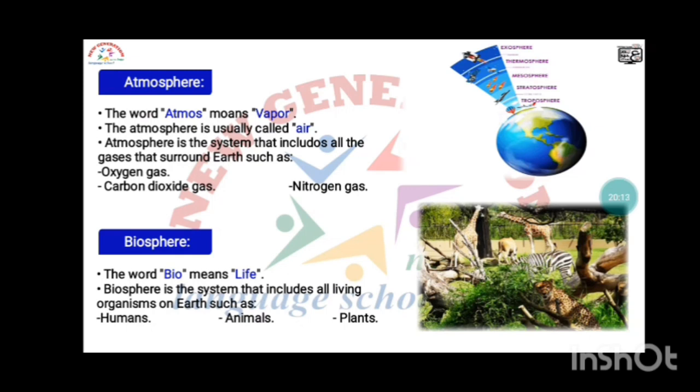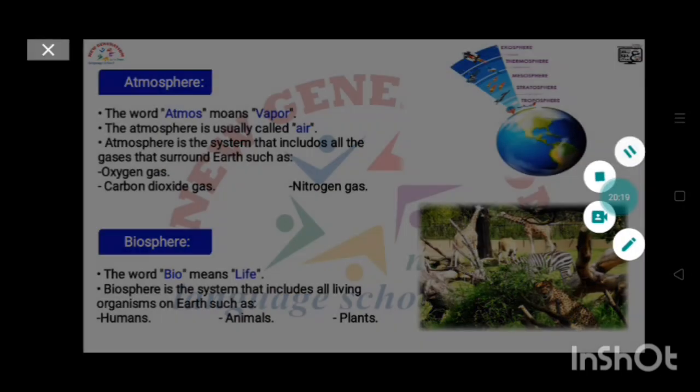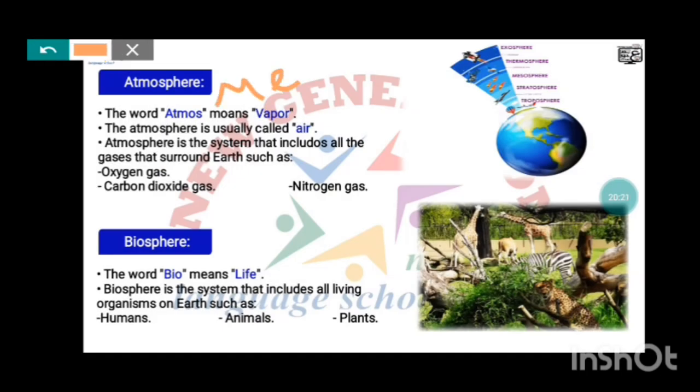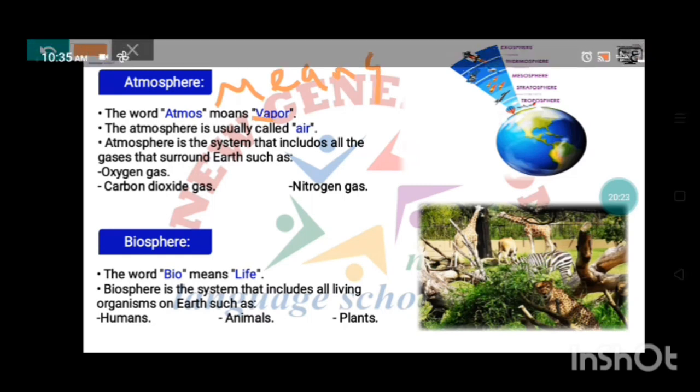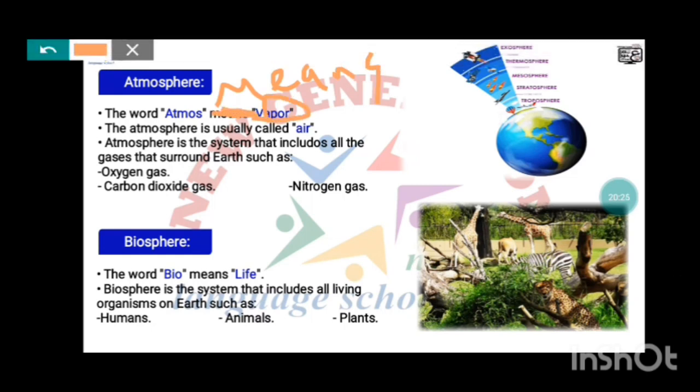Okay, atmosphere. The word atmo means vapor. The atmosphere is usually called air, so we can say atmosphere or air.